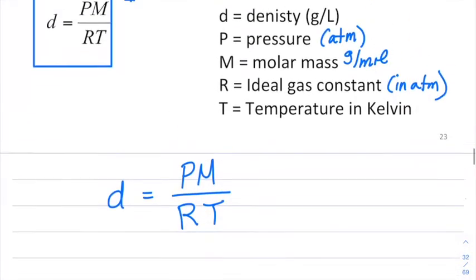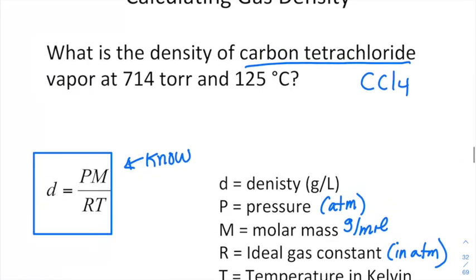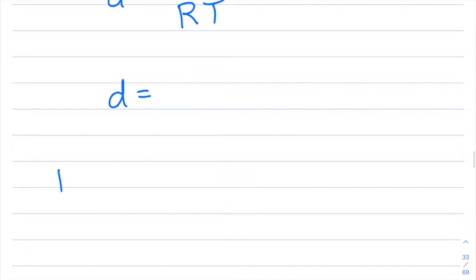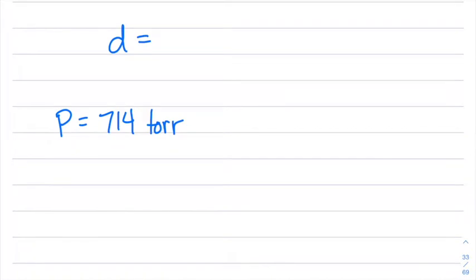So first we need our pressure. And right now, our pressure is 714 torr. Let's put this right down here. And we haven't done very much with pressure conversion, so I want to do this one together. So we have a conversion between torr and atm.